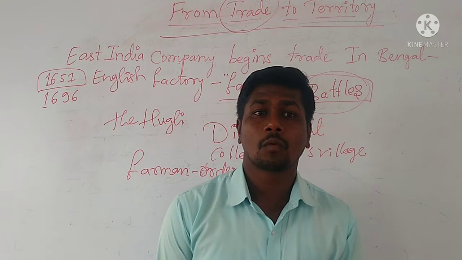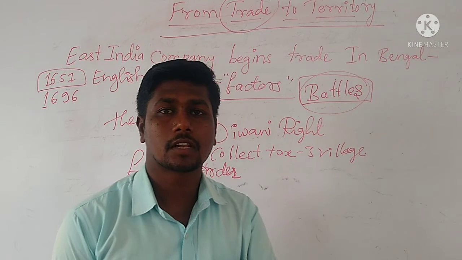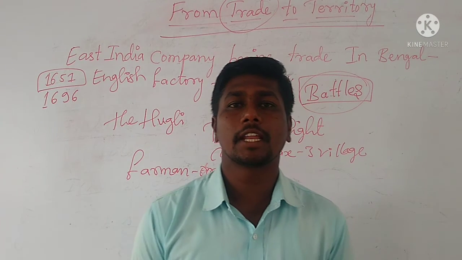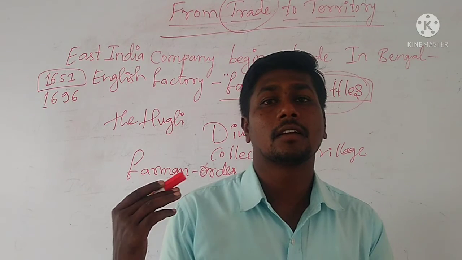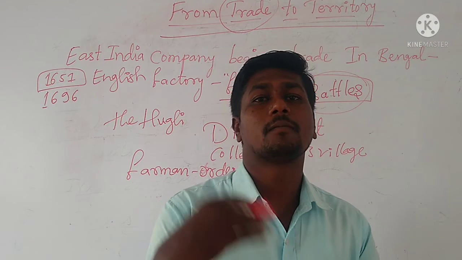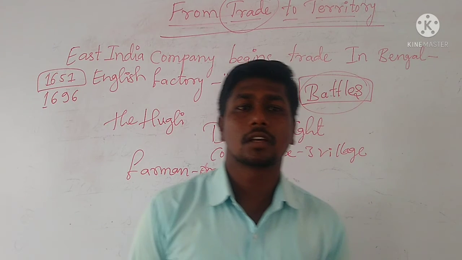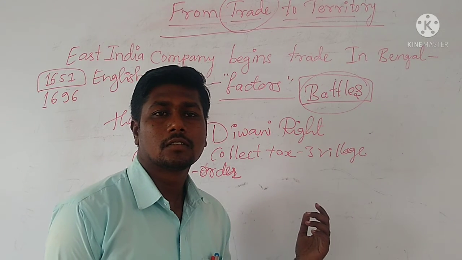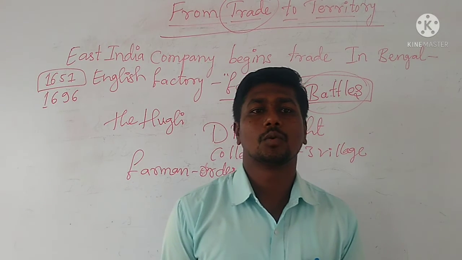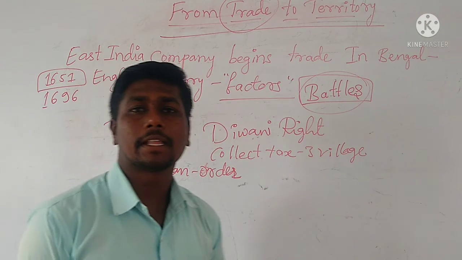English East India Company officials thought that only if they continued duty-free trade would the Company develop. Otherwise, no. The Company was also convinced that to expand trade, it had to enlarge its settlements. I mean, various factories had to be set up by the British.